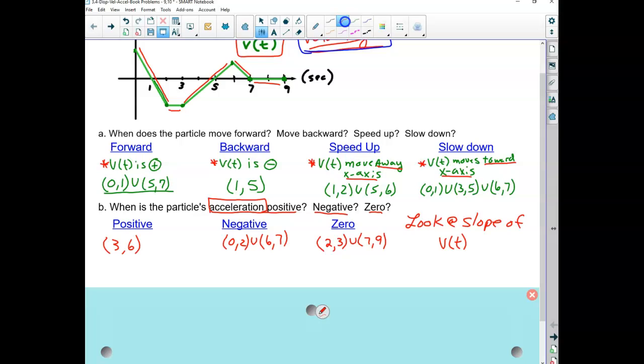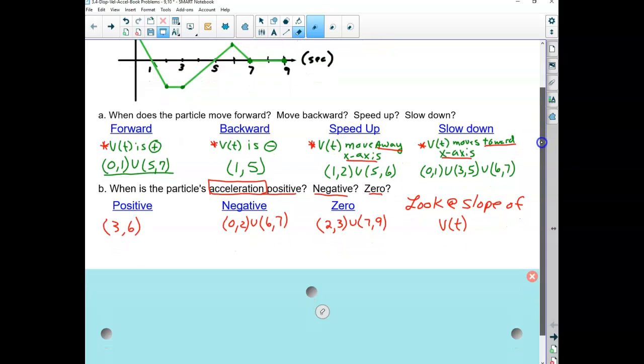So I can gauge when my acceleration is positive, negative, and 0 off of my velocity curve by interpreting the slope of my velocity. Isn't that exciting stuff?